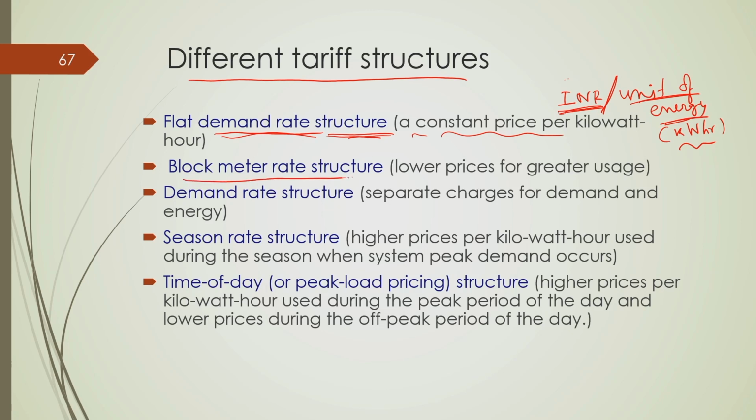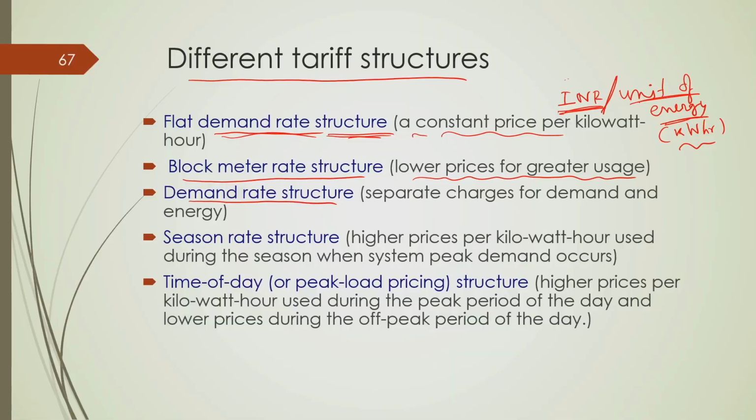Similarly, block meter rate structure, in this structure the lowest prices would be for greater usage. Okay. So, for industries and bulk customers, this pricing will be lower, so that we can encourage their consumption. Okay. For demand rate structure, there are separate charges for demand and energy. Basically, in this structure there are two charges.